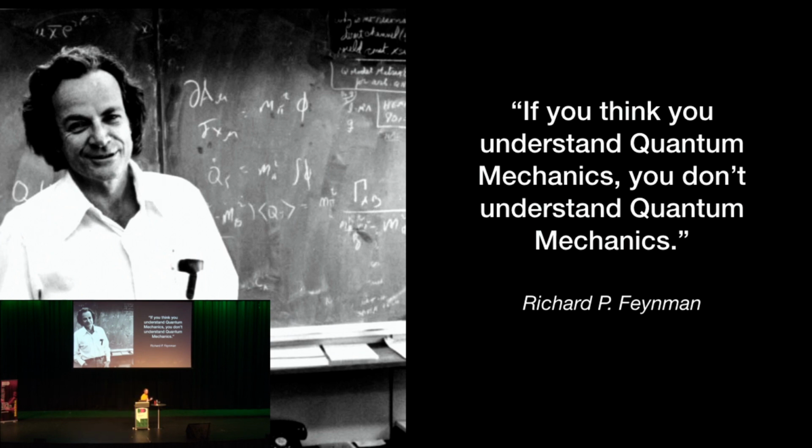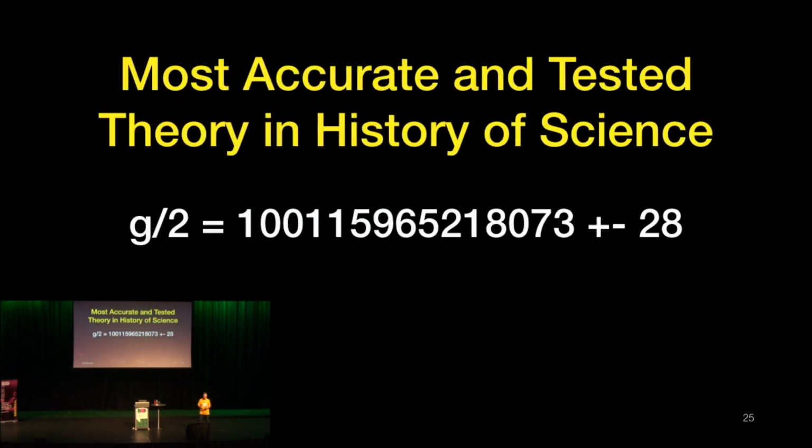Don't be worried. And you may think, well, maybe it works like that, but maybe if we just examine a bit more, it'll work more like the classical world. But no, this is how the world works at the quantum scale. Quantum physics is the most accurate and the most tested theory in the history of science. It's amazing. Quantum physics predicts certain values of physical constants.